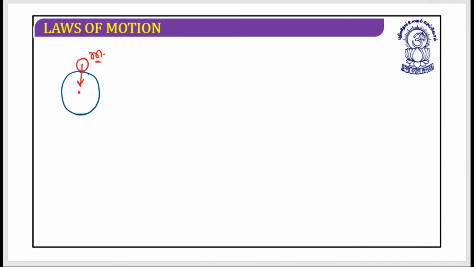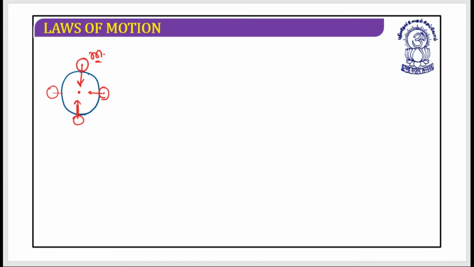But the downward direction is not always true, because for persons residing over here, their mg would be in this direction. Those who are here, their mg would be in this direction.